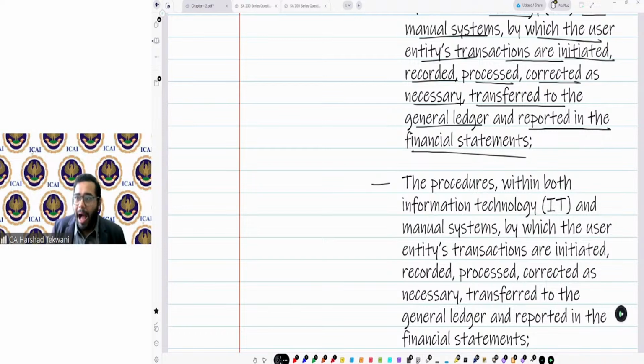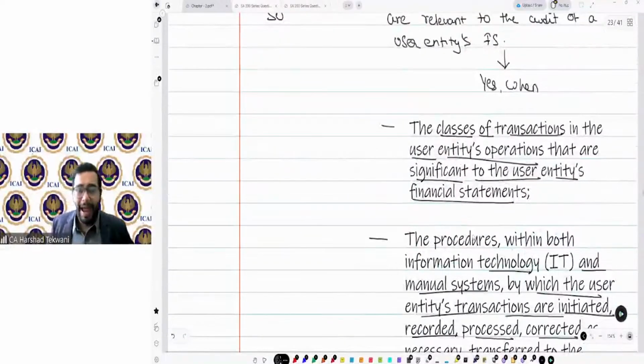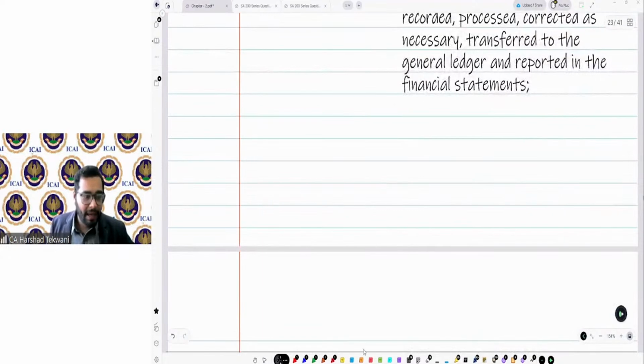Then you can say how the user entity system captures events and conditions and other transactions that are significant to the financial statement. Whatever activity is done by the service organization, if that activity somehow affects how the user entity is capturing the data, in that case, yes, that will become an important part.